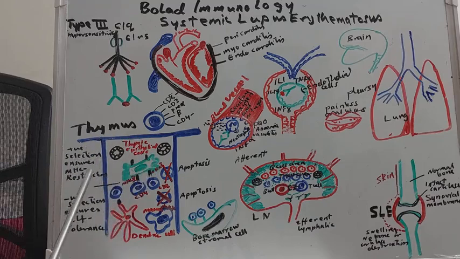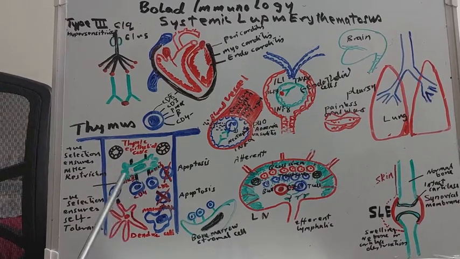Those thymocytes that failed to recognize these major histocompatibility molecules will be killed by apoptosis. But the positively selected cells, this we call positive, go deep.